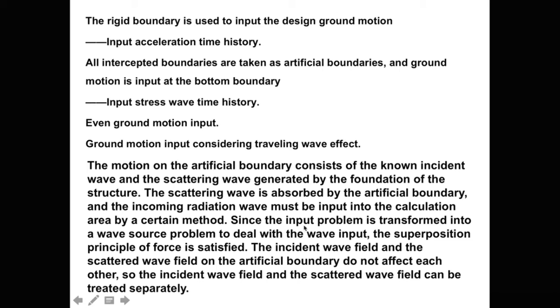Since the input problem is transformed into a wave source problem to deal with the wave input, the superposition principle of the force is satisfied. The incident wave field and the scattered wave field on the artificial boundary don't affect each other. So the incident wave field and the scattered wave field can be treated separately.